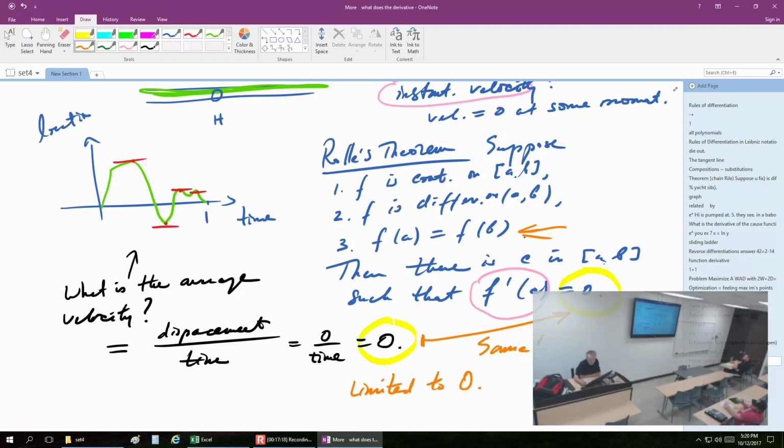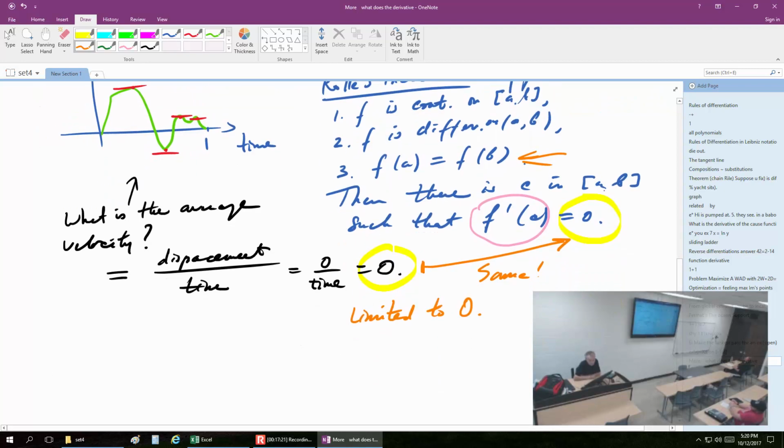Okay, so what about average velocity that is not zero? Let's try to figure out what that means. So do you see what I'm talking about? Average velocity isn't zero. Yeah, but that's the assumption. The conclusion should be also that at some instantaneous moment, your instantaneous velocity will be equal to that average velocity.